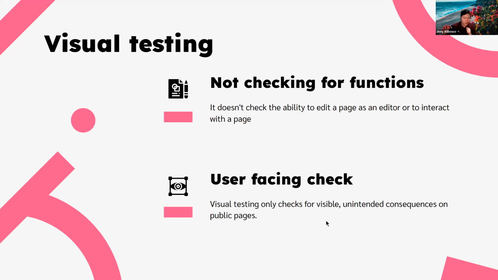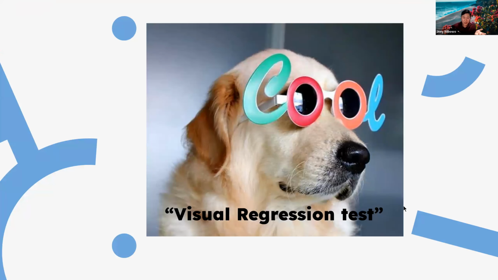So visual testing can be one of the effective methods for catching anything before going into the live sites. And visual testing, or one of the cool kids are saying nowadays, is called visual regression test.